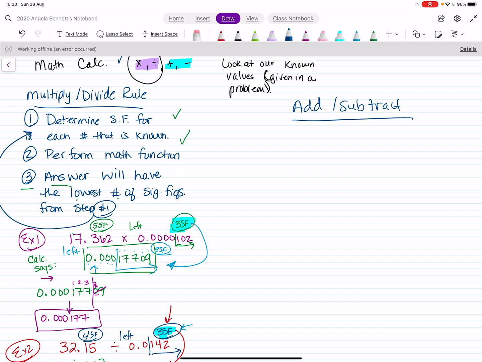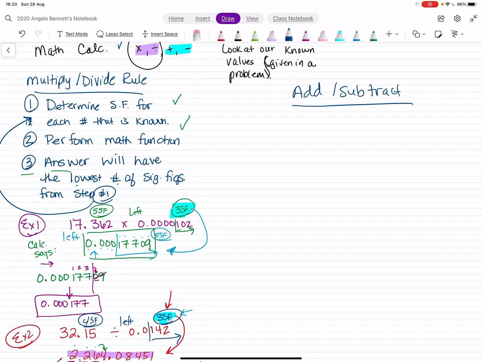With add subtract, you don't need to determine the sig figs for every number. It doesn't work that way. First thing you're going to do is perform the math function. And step number 2, you're not actually looking at total sig figs or sig figs of each number. You're looking at decimal places.